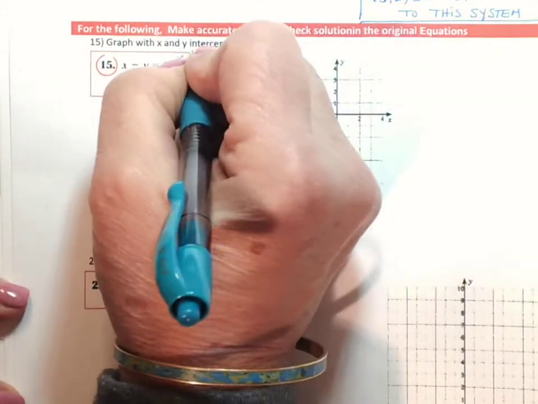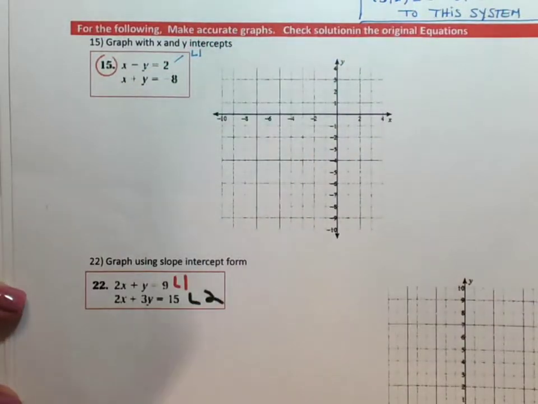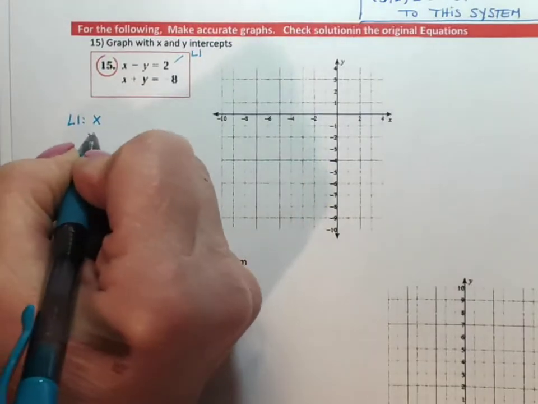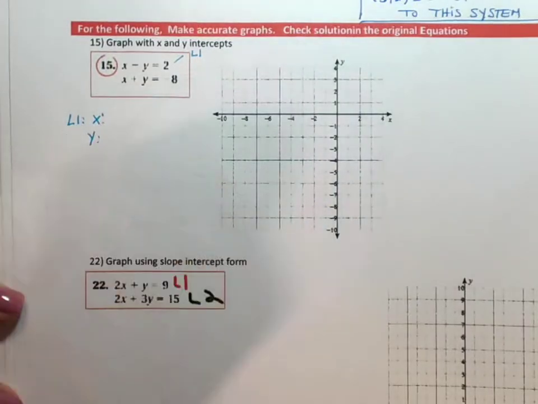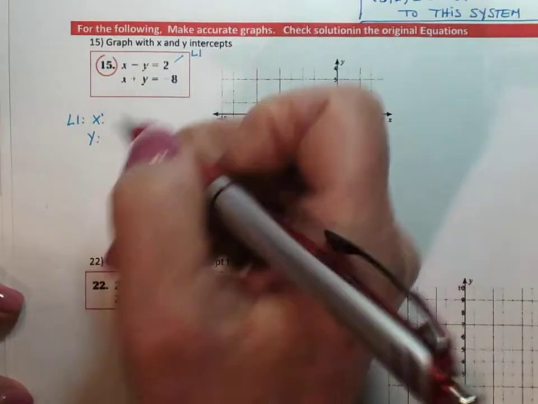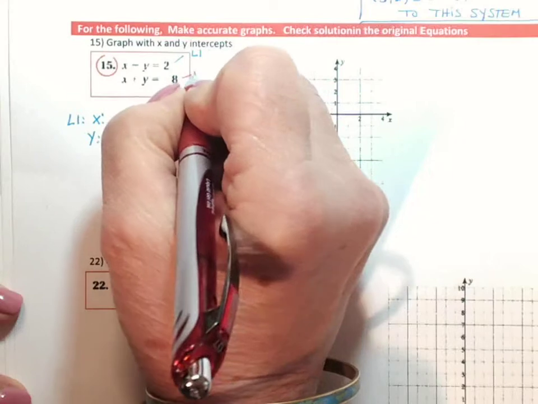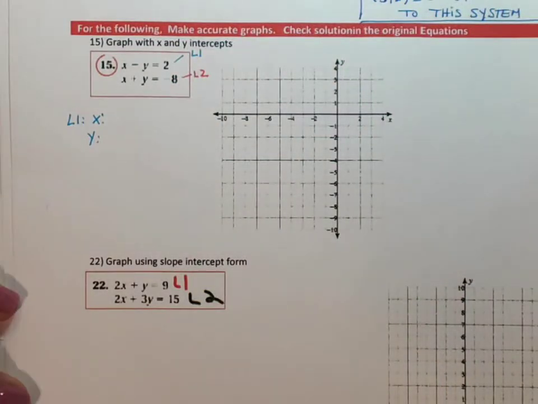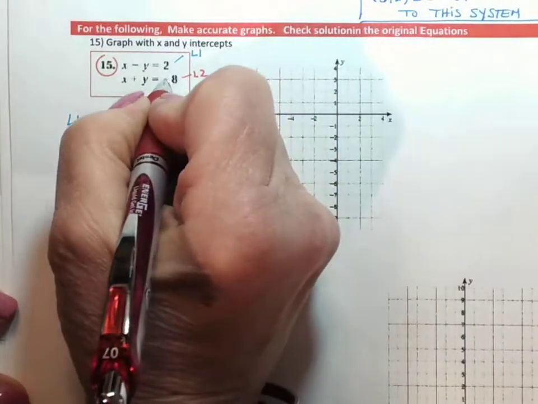So this is line 1. So for line 1, you want to find the x and y intercepts. And this is line 2. Okay, and this is a little faded.